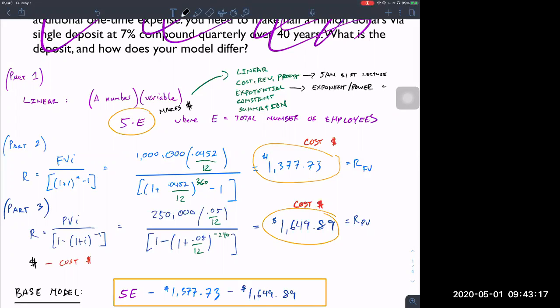Like x squared, 4 to the x. Just something to do with powers. Okay, a constant is just a number, 500, 600, 700, 800, whatever. And the summation was from a lecture I believe 2 weeks ago, if not 1 week ago. Okay.